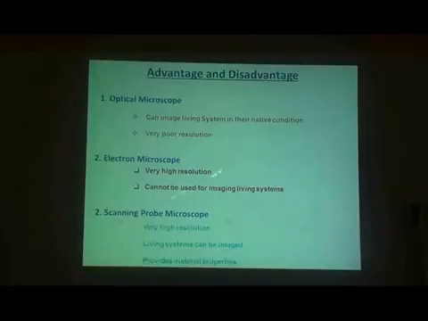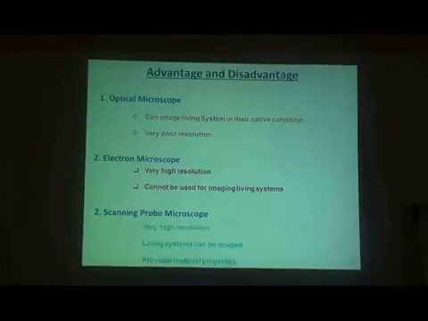The other problem is that you are using very high energy electron beams. The impact or ionization produced on the sample will decompose most soft samples. Only for materials like inorganic materials can you use the electron microscope. If you reduce the electron volts, you can see the biological system, but that will not give you better resolution, and it cannot be used for living systems.